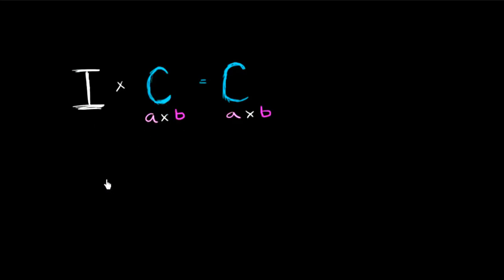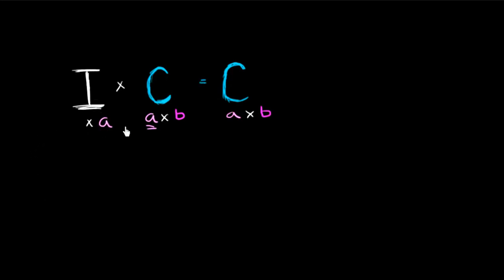Matrix multiplication is only defined if the number of columns of the first matrix is equal to the number of rows of the second matrix. So this one has A rows, so the identity matrix is going to have A columns. Now, how many rows is this one going to have?